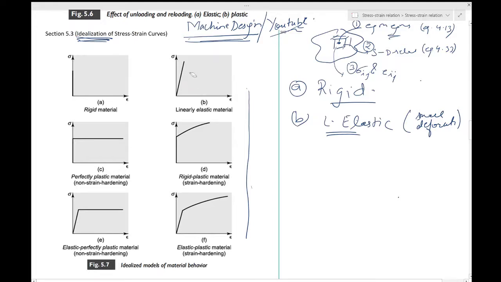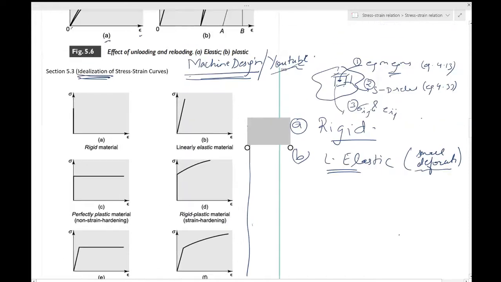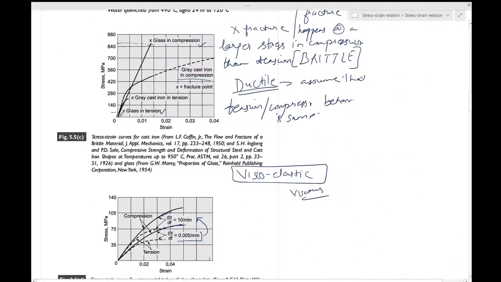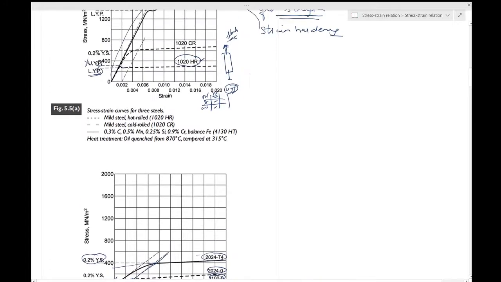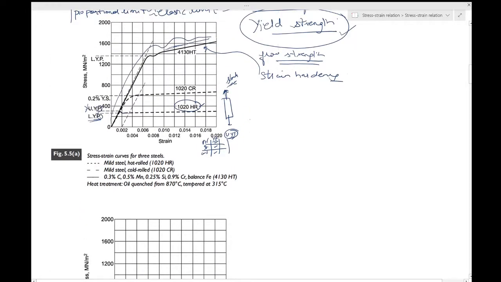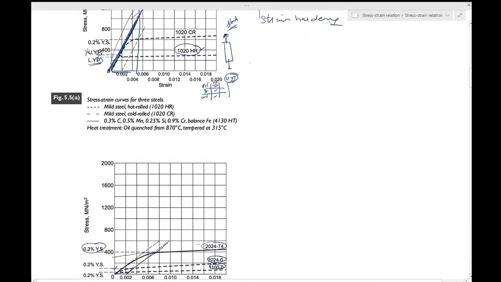They look very different. But if your strains are small, if you have very small deformations, you don't go to the higher strain values, you stick to parts somewhere until here for this curve. It is reasonable to assume that this particular part is actually linear elastic. This is what is meant by idealization.